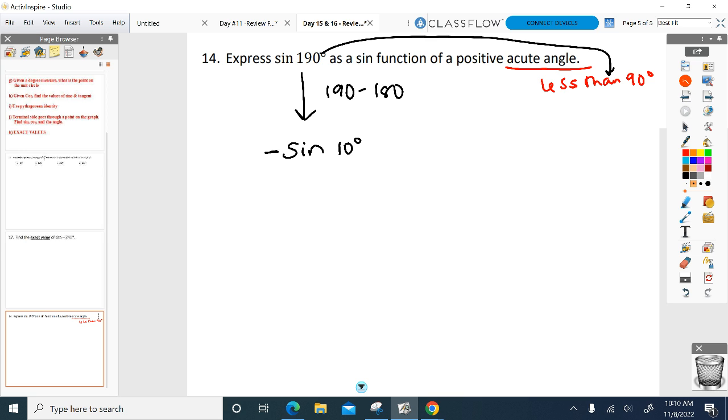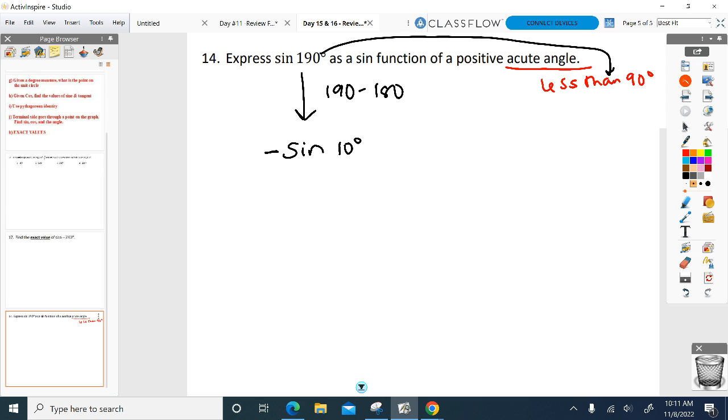But now you go to your calculator, do sine of 190, and then right after do negative sine 10, and you'll see that they're both the same values. I just needed to rewrite this less than 90. And everyone's asking, why do I have the negative out in front? Sine's negative. I forgot that on the answer key.